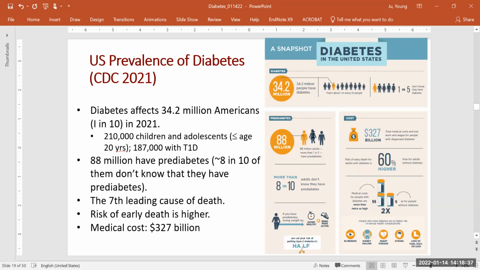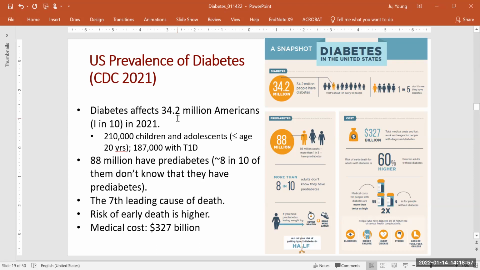Okay, let's look at the prevalence in the US. According to the CDC 2021 data, 34.2 million Americans, which is about 1 in 10 people, have diabetes.